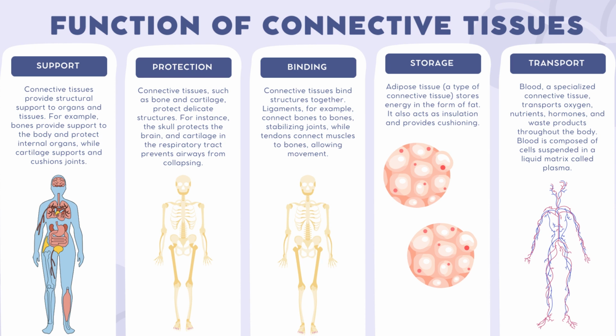So another function for connective tissues is transport. Blood and specialized connective tissue transport oxygen, nutrients, hormones, and waste products throughout the body. Blood is composed of cells suspended in a liquid matrix called plasma.